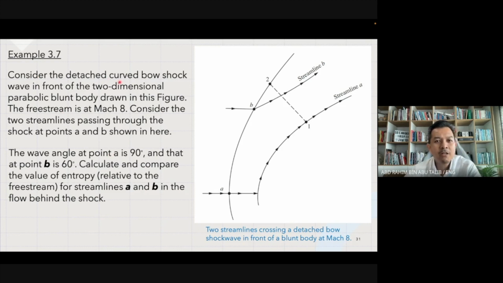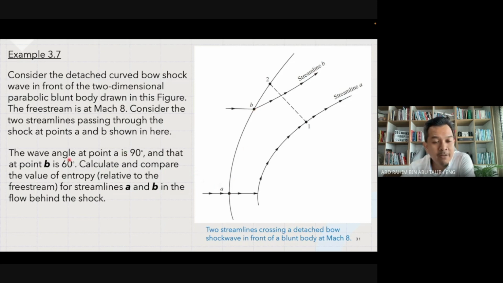Consider the detached curved bow shock wave in front of the two-dimensional parabolic blunt body, which is drawn in this particular figure. The free stream is at Mach 8, Mach number M1 equal to 8. Consider the two streamlines passing through the shock at points A and B, as shown over here.